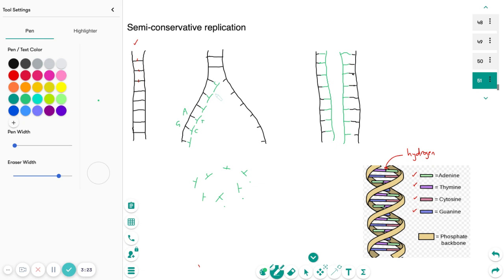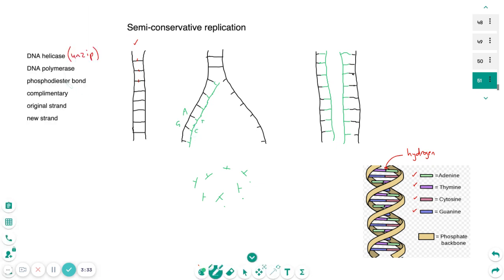And as they do that, it's going to build a strand here as well. These are going to connect, and these connections are happening because of DNA polymerase. The enzyme DNA polymerase is catalyzing the formation of these phosphodiester bonds.